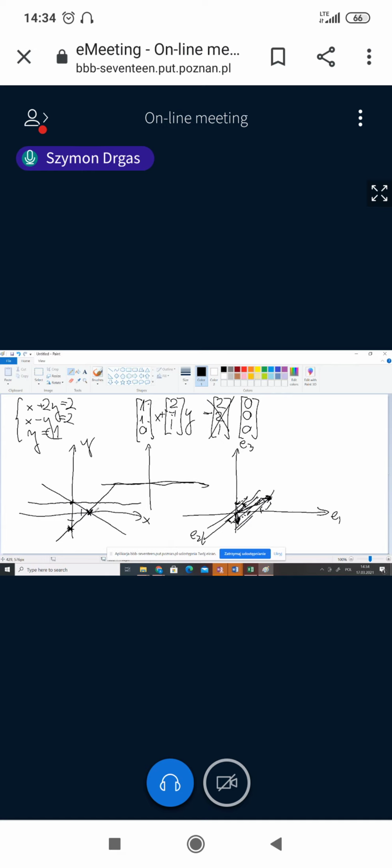This line should be 45 degrees, and the last one too. So all three lines will meet in the origin. This is what will happen if we change these right sides to zeros. In this case, this system of linear equations is solvable.